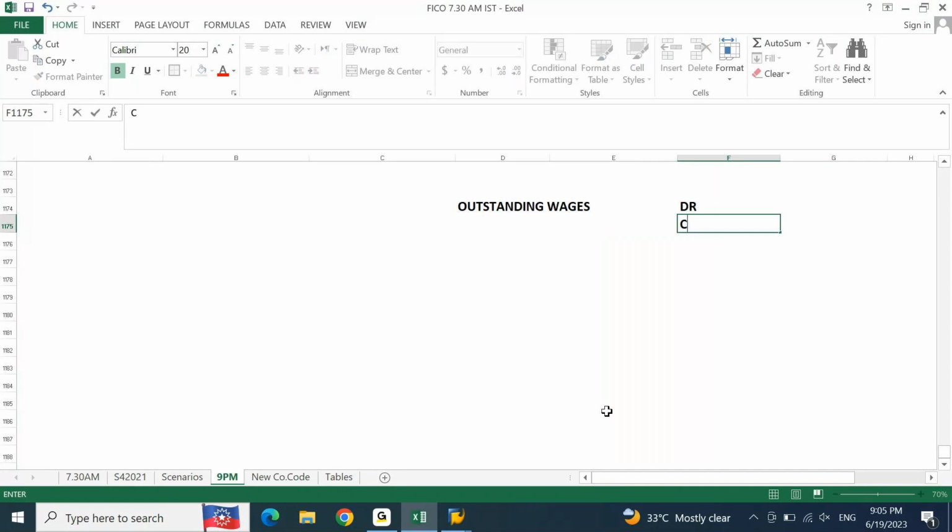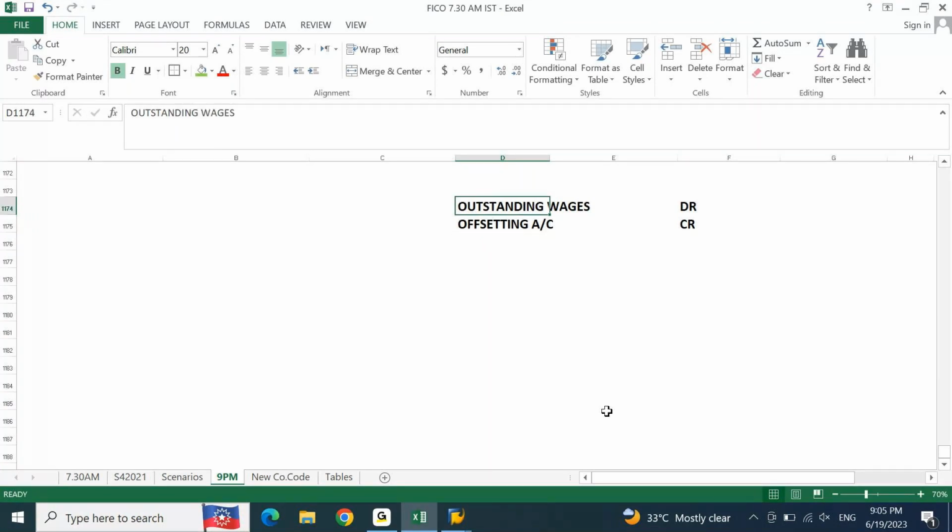This credit is called the offsetting account. On the other side, if I put outstanding wages on the credit side, what is missing? Debit. What is this debit called? Again, offsetting account.